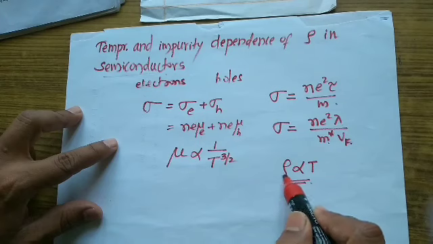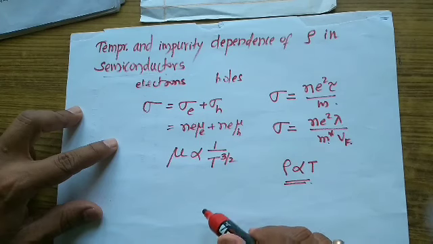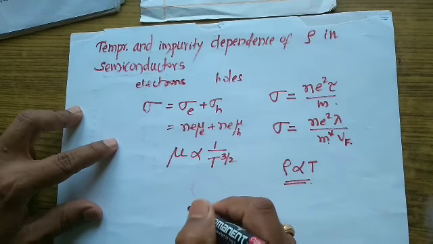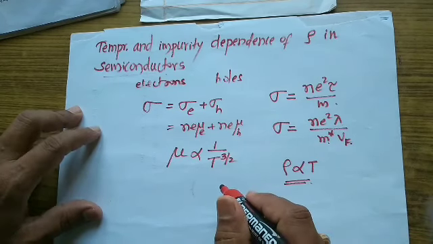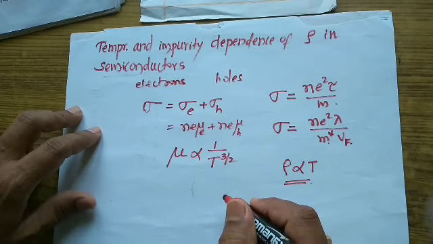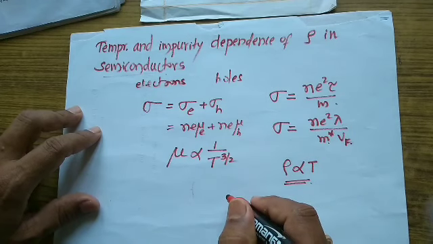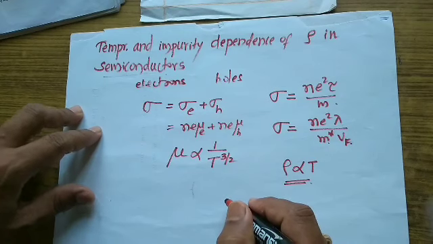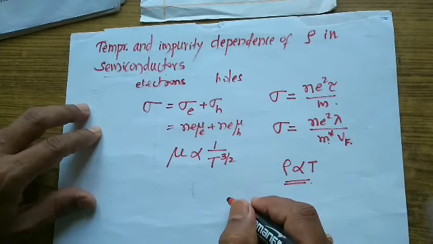But here, with decreasing temperature, resistivity increases. What does it indicate? That resistivity is inversely proportional to temperature in a semiconductor. Let us understand why resistivity increases with decreasing temperature.